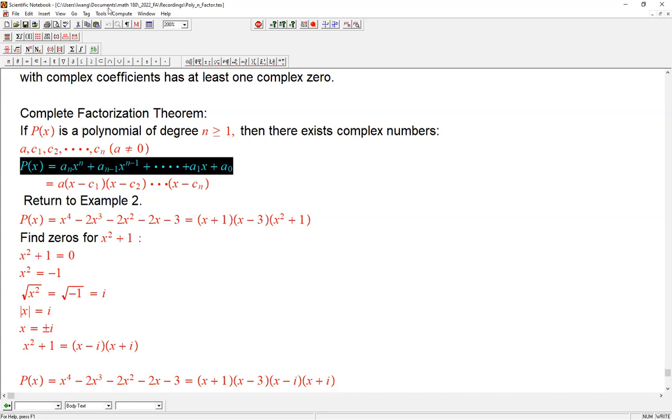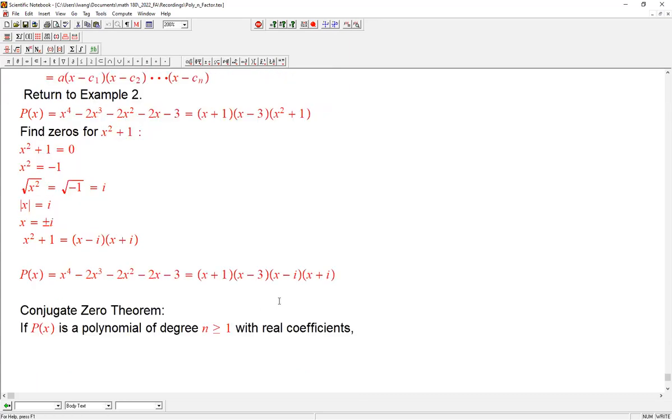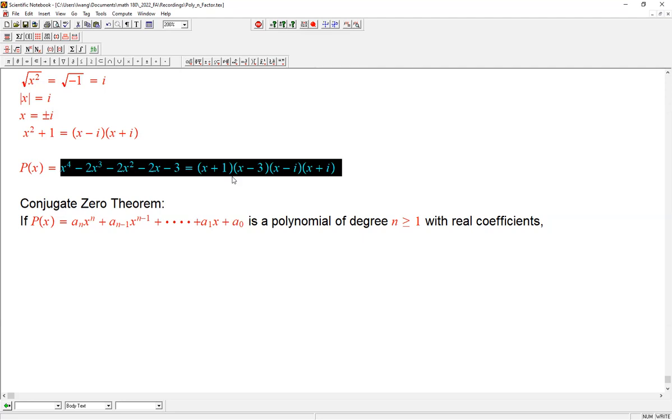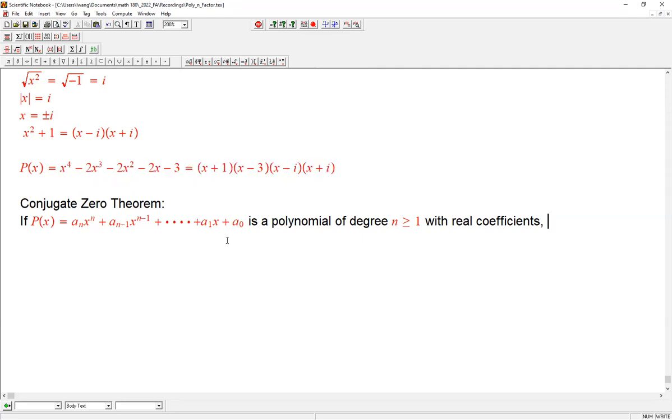Okay, so this polynomial, every coefficient is a real number. The leading coefficient is a real number, and this is one example. Real number. Okay.